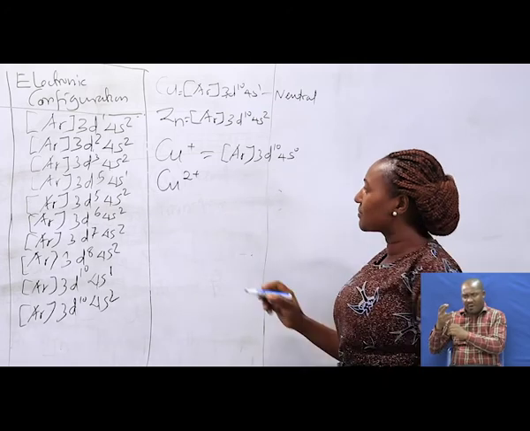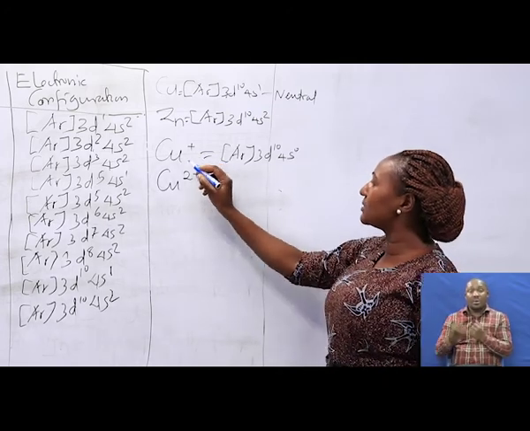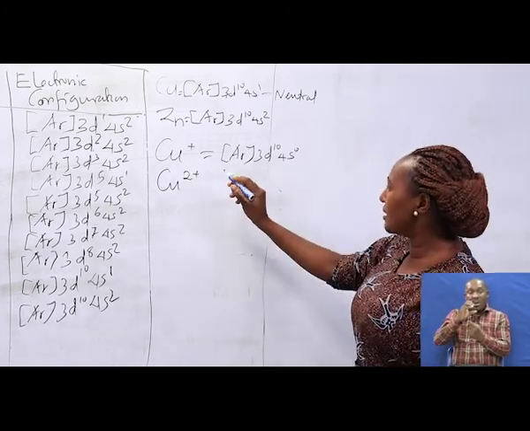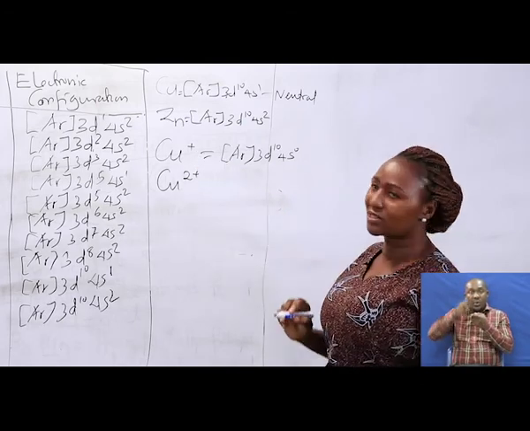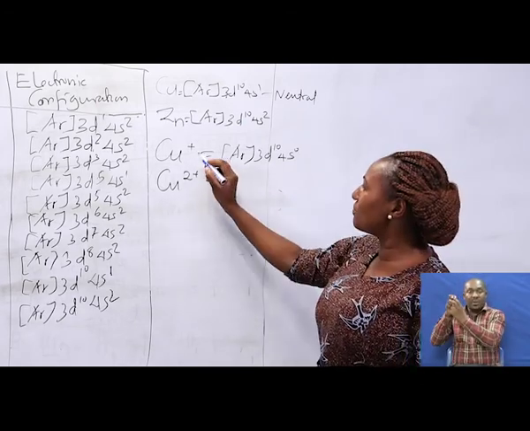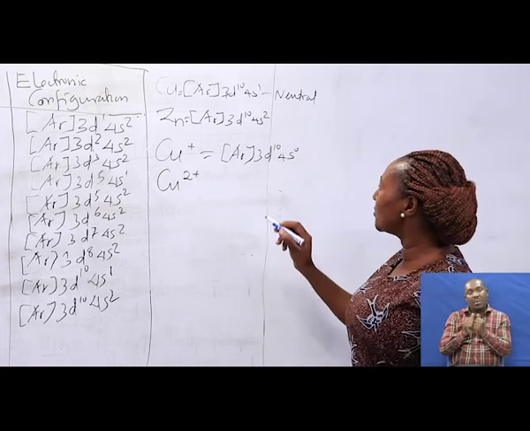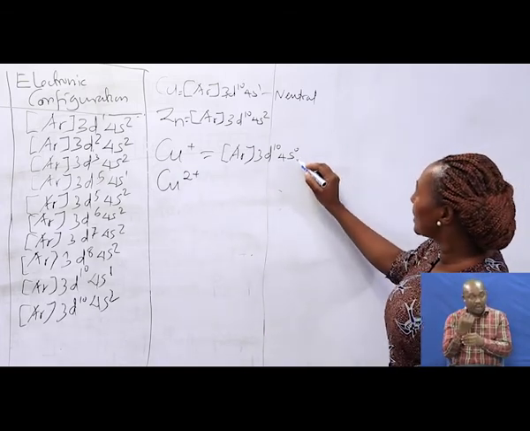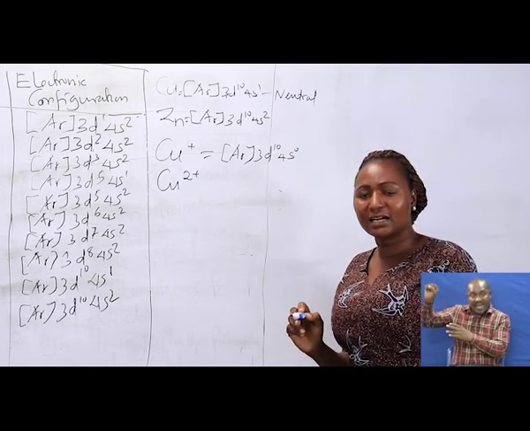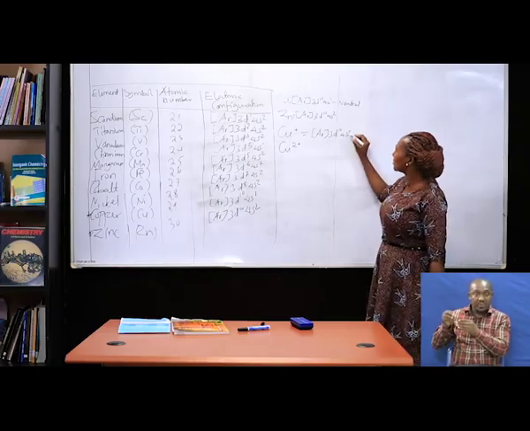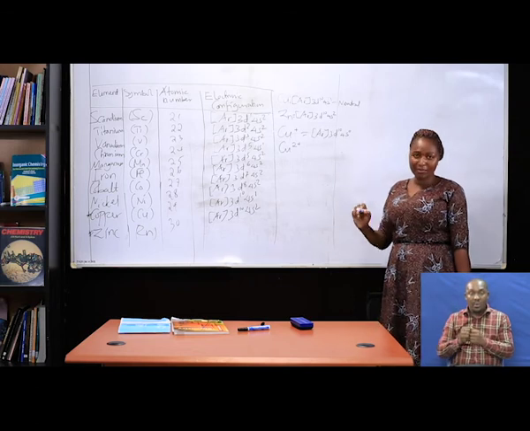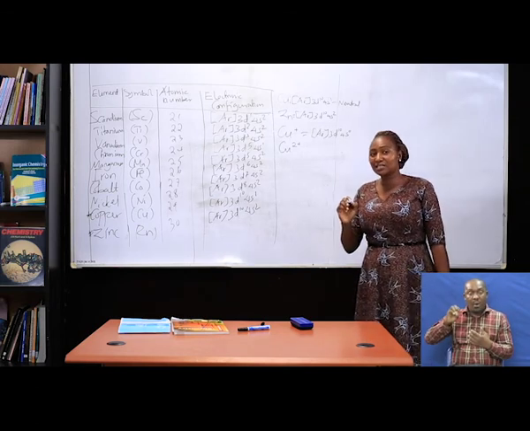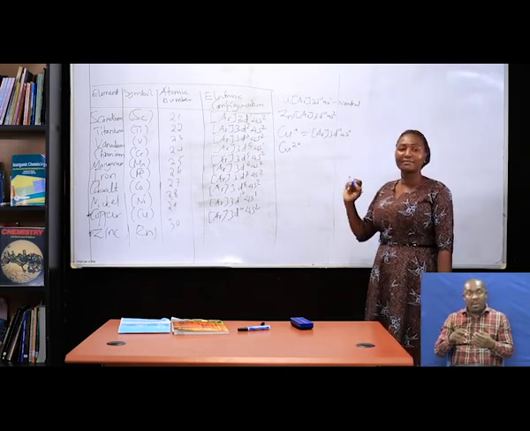It is because this copper has already lost 1 electron and become a copper ion. Therefore, the 1 electron from s is not there; it is now 0. So the actual electronic structure of copper 1 is argon 3d10.